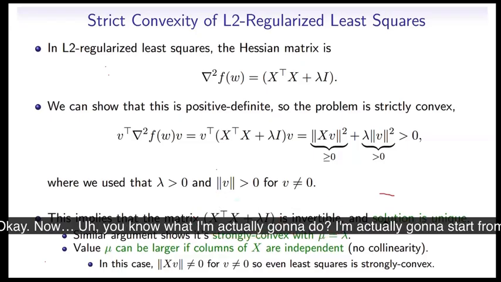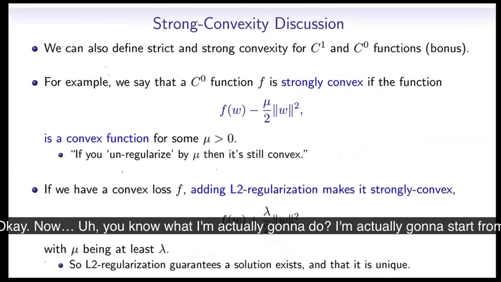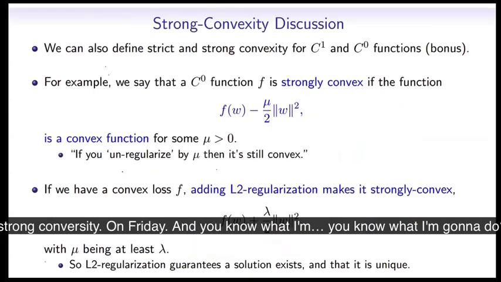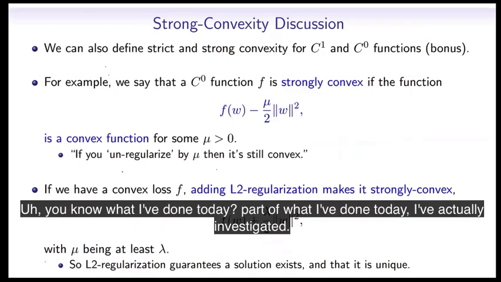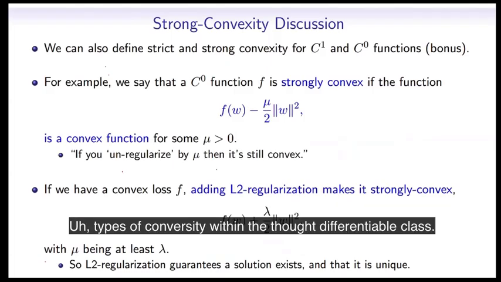Now, you know what I'm going to do? I'm going to start from strong convexity on Friday. Part of what I've done today, I've investigated types of convexity within the third differentiable class.